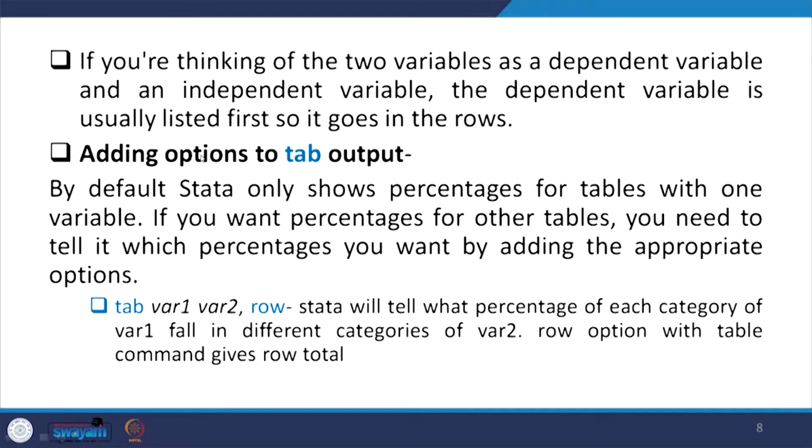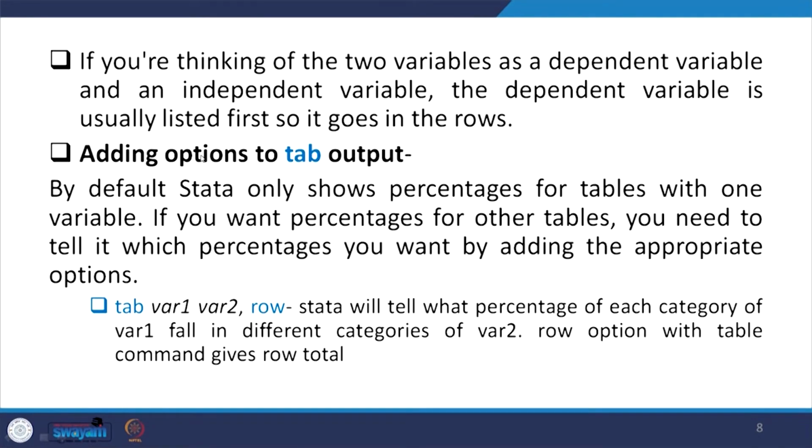Now, let us come to adding options to the tab output we did. By default, Stata only shows percentages for tables with one variable. If you want percentages of another variable, you need to tell it which percentages you want by adding the appropriate options.